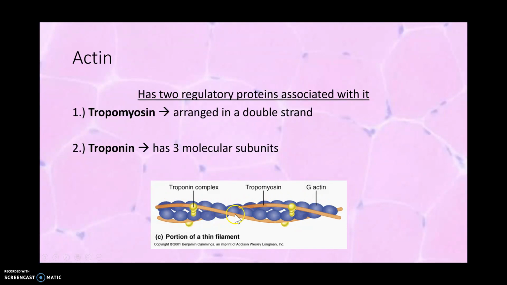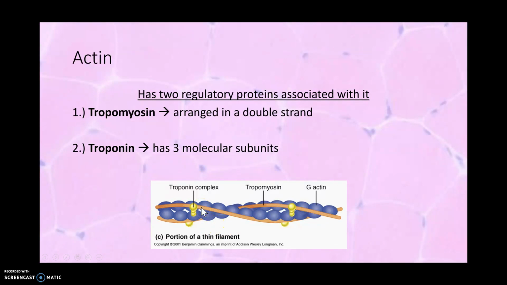So it will actually twist and shift, exposing the myosin active site on these actin molecules. So ultimately, we want to shift the strand out of the way, so then the myosin can grab onto those actin subunits. And when we grab onto the actin, that's what's going to cause that power stroke and actually cause muscular contraction. So we want that binding to occur. So calcium's a huge player in order for that to occur.